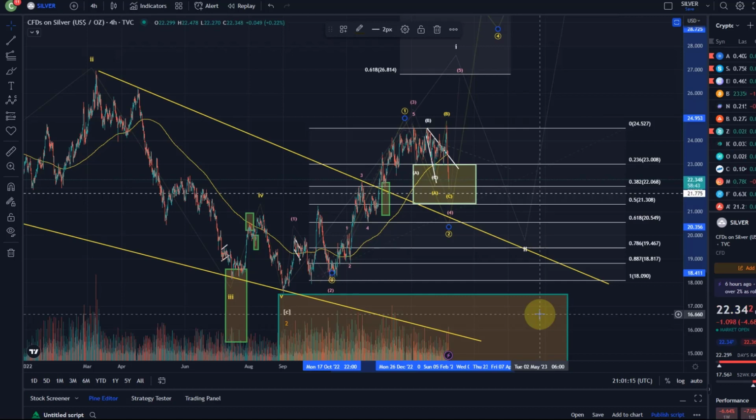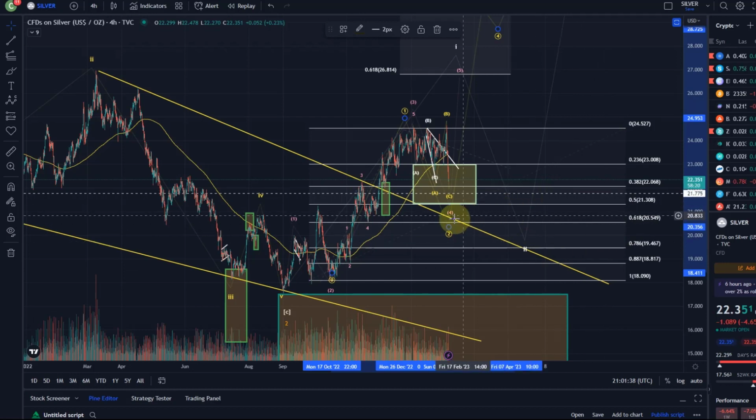That really depends on how we now react to these fib levels, and I can tell you at the moment the silver price is not showing any reversal signal to the upside yet. It's quite a bit of a bloodbath, and that move down looks quite impulsive, which fits the idea. It could be a C wave. But we need to watch these support levels: 22.06, 21.77, and then 21.31.